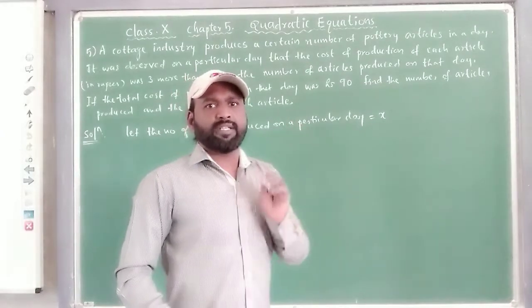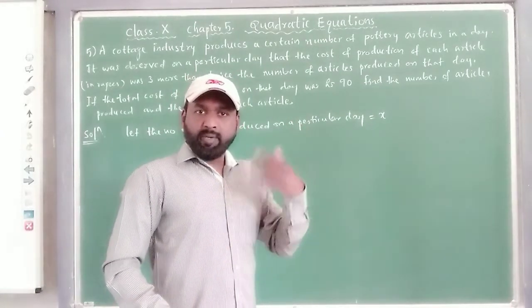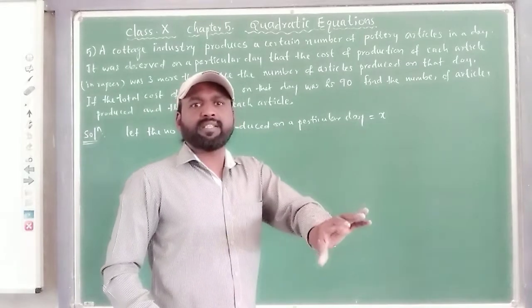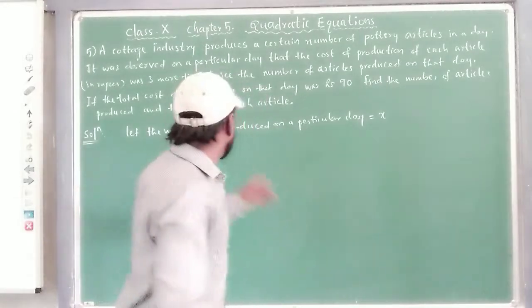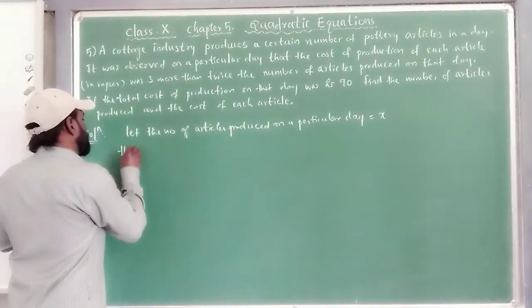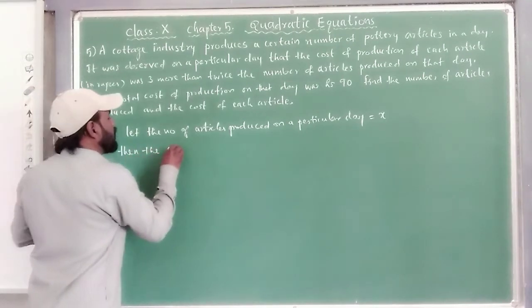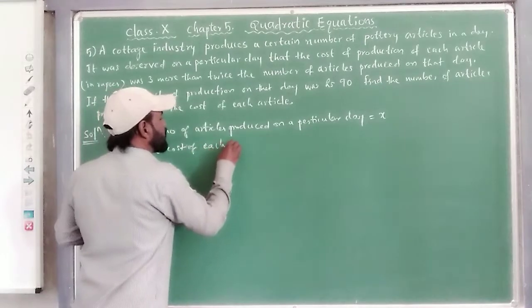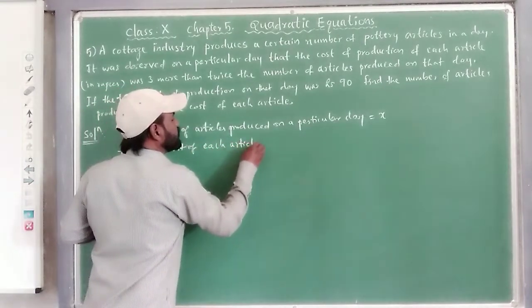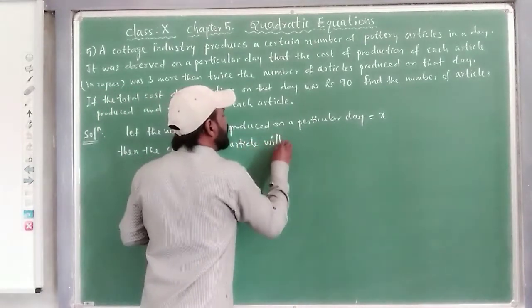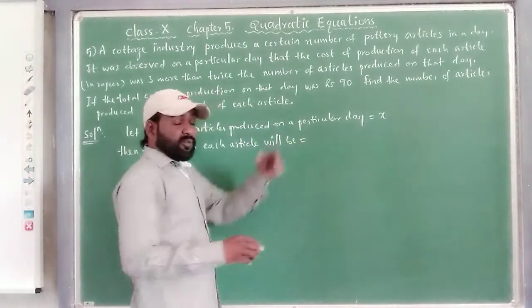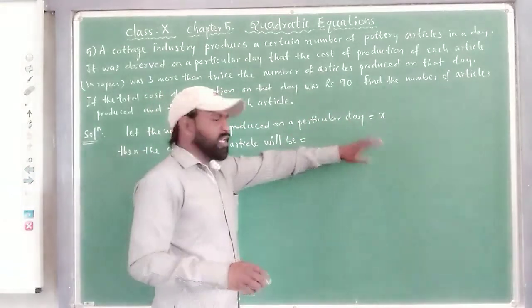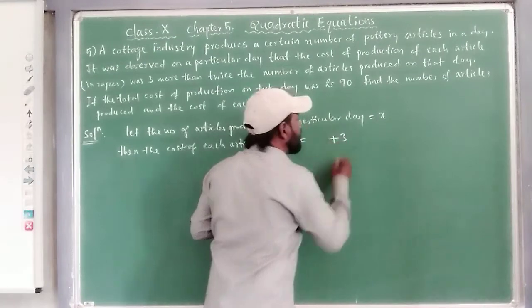It was given that the cost of each article will be 3 rupees more than twice the number of articles produced. So the cost of each article will be equal to 3 rupees more. 3 rupees more means plus 3.